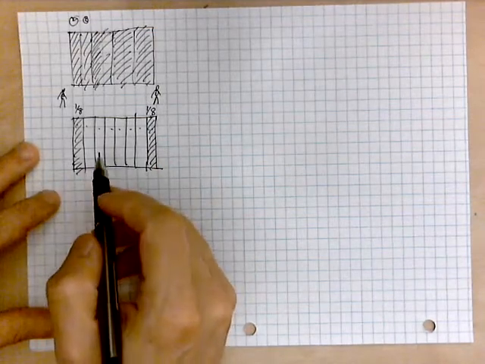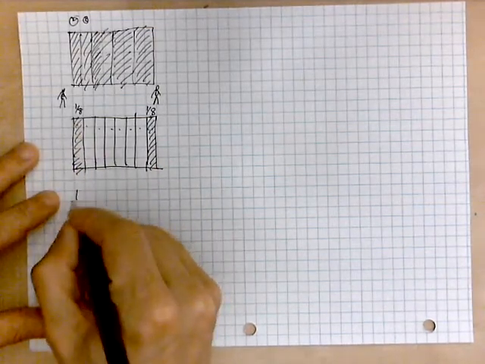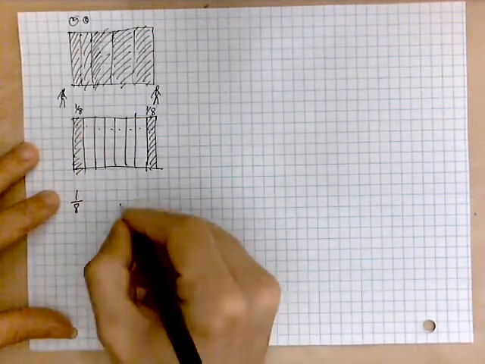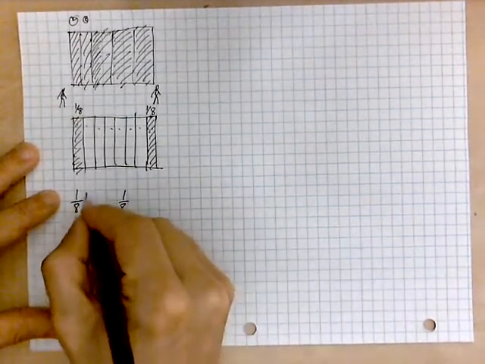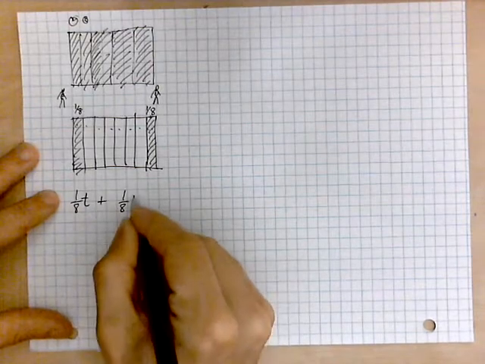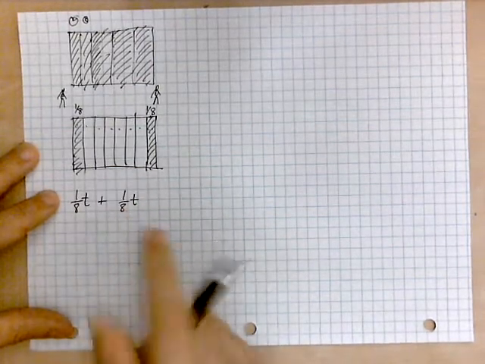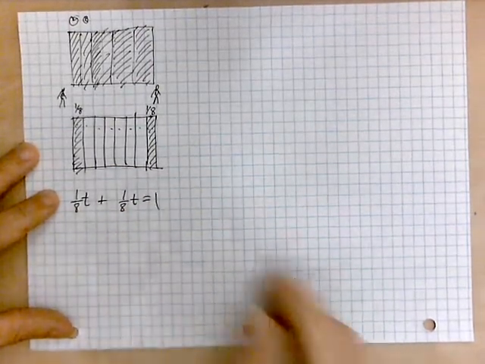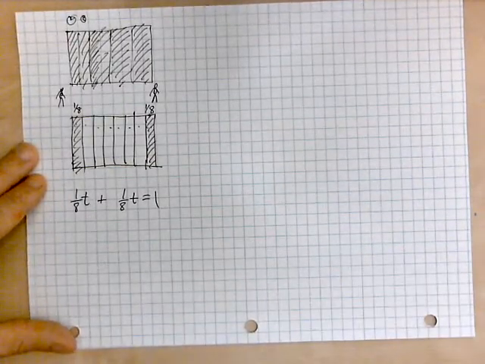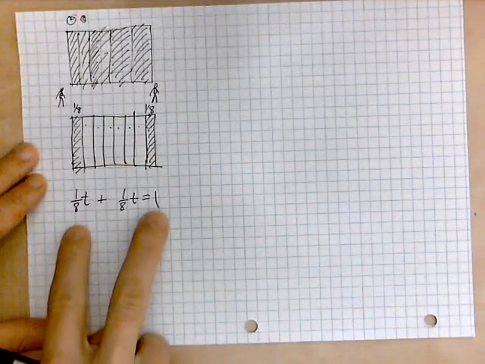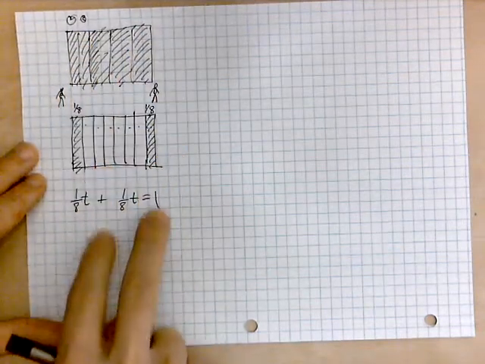We can say the first person's rate of work, which is 1/8, and then the second person's rate of work, which is 1/8. You would multiply by t and add to it t times 1/8. This equals 1. So this will be the equation that would flow from this setup.